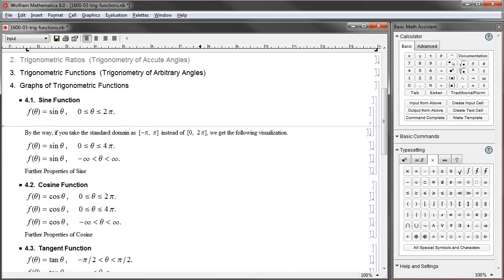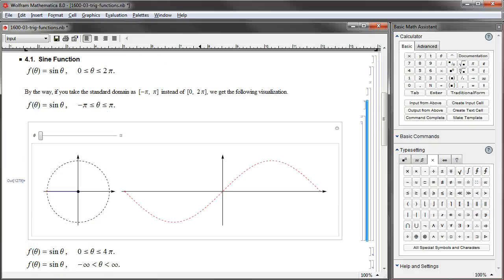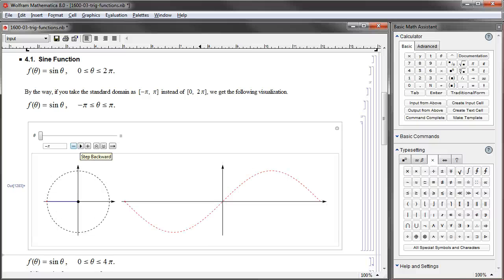What if we consider the standard domain negative pi to positive pi instead of 0 to 2 pi? In that case, we are going to get this graph. It's not the same graph, but the same motion, except that it starts from (-1, 0). So the angle develops from negative pi to positive pi, not from 0 to 2 pi.